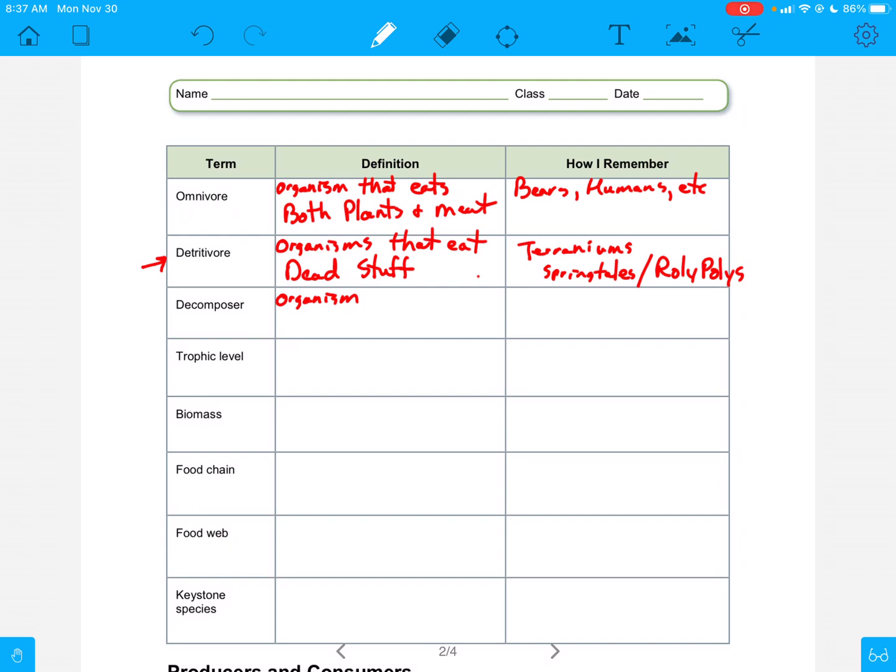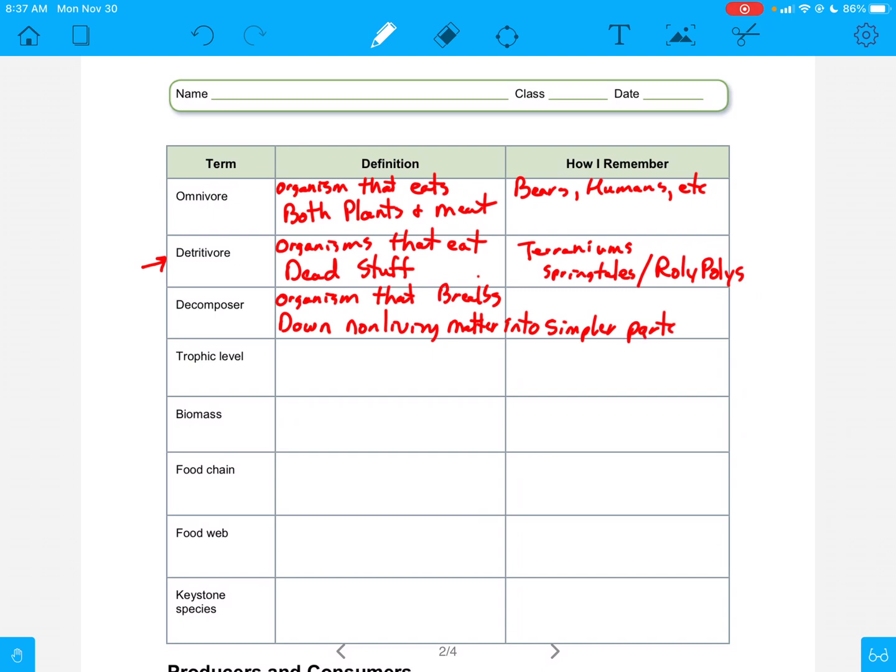So now, decomposer. This is an organism that breaks down non-living matter into simpler parts.